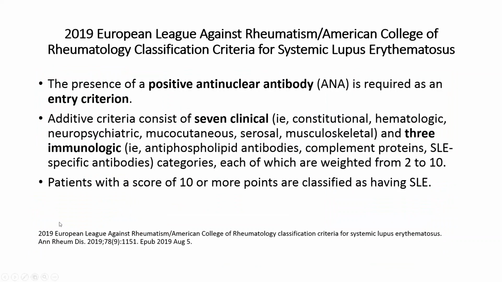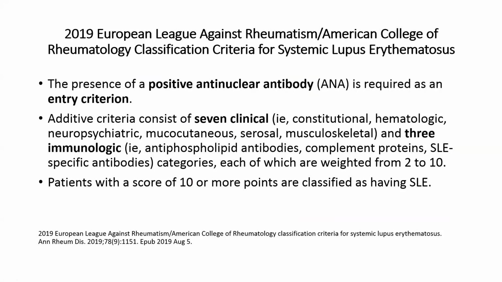So in 2019, European League Against Rheumatism and American College of Rheumatology classification criteria for systemic lupus erythematosus was published. Presence of positive antinuclear antibody is required as an entry criterion. And additive criteria consist of 7 clinical and 3 immunological criteria categories.